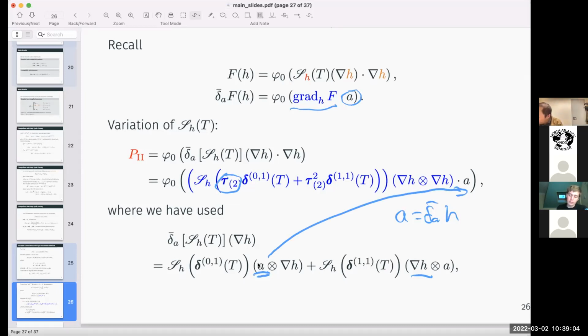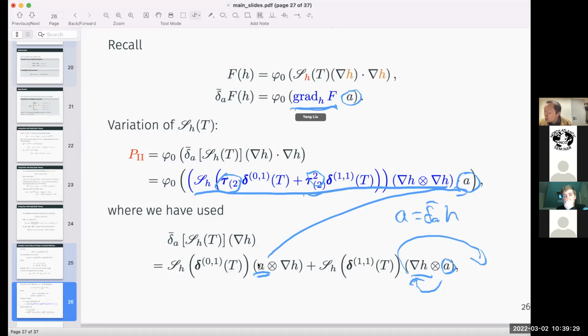If I have A in here, I use one permutation of tau, I move A to here, and then one more tau squared, I can move A to the very right. That's why you have a tau and a tau squared in here. Then you can compare with the blue part, and the blue part is exactly one of the contributions to the gradient of f.